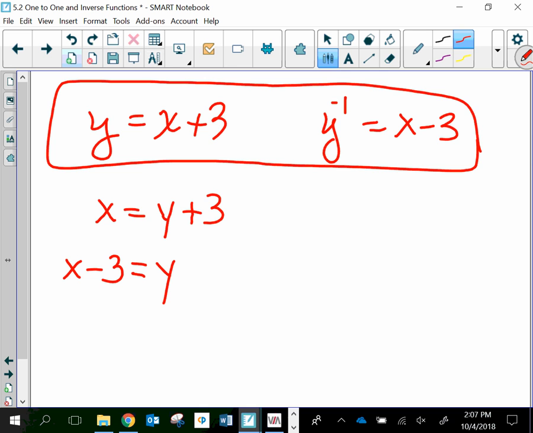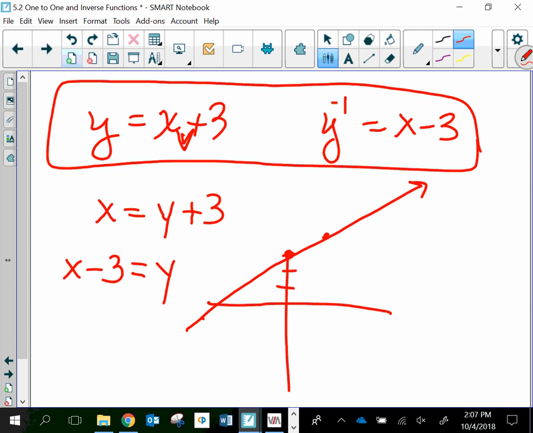Now, is this line 1 to 1? Yes. For every x, you have a y. No, not all functions are one to one.